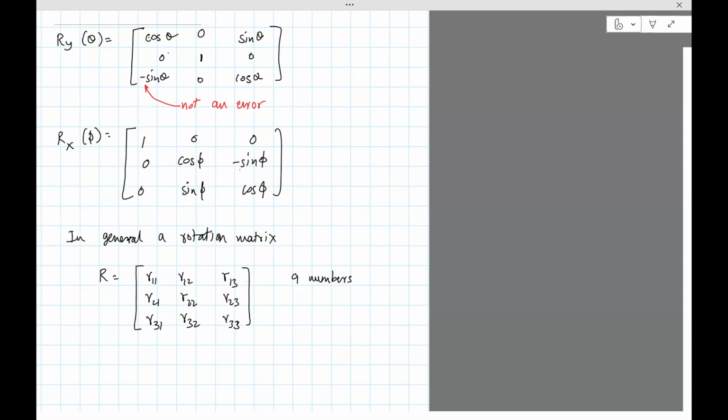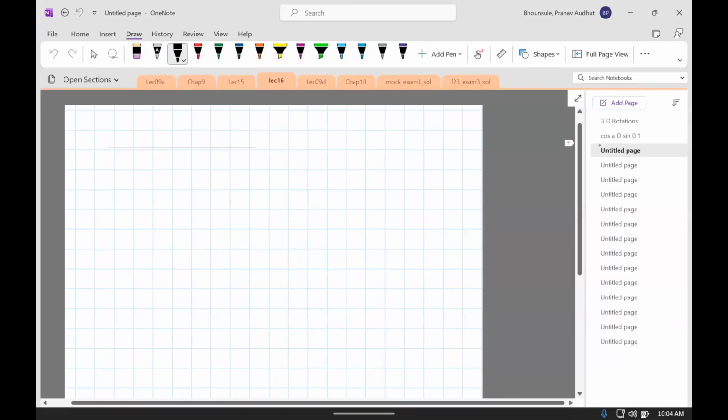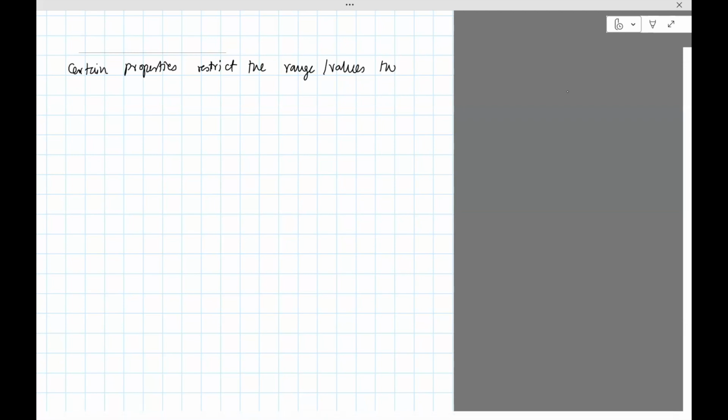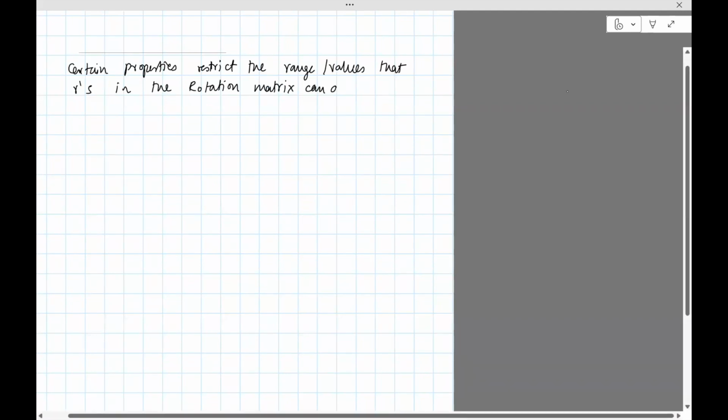One of the properties of the rotation matrix is that R transpose R should be I. So certain properties restrict the range of values that the R's in the rotation matrix take on.